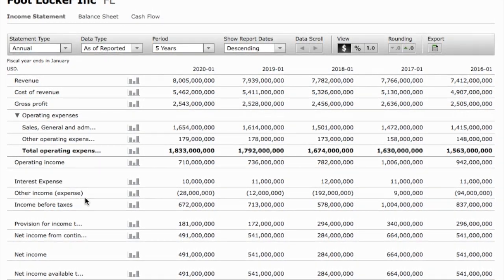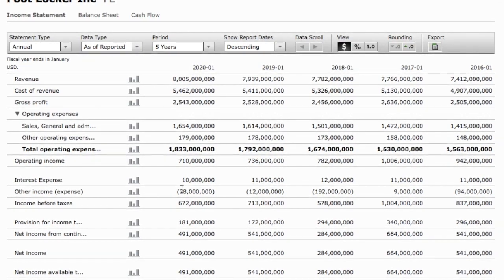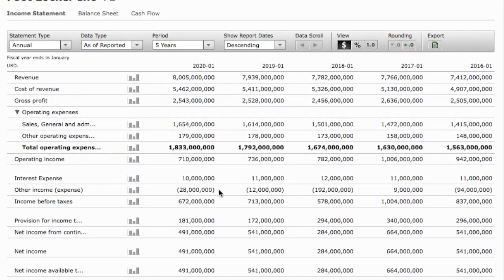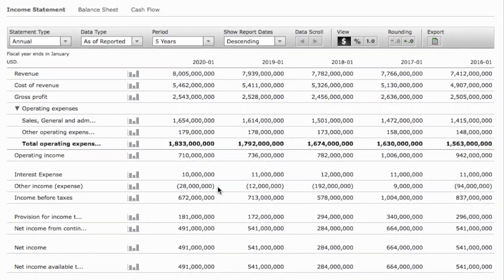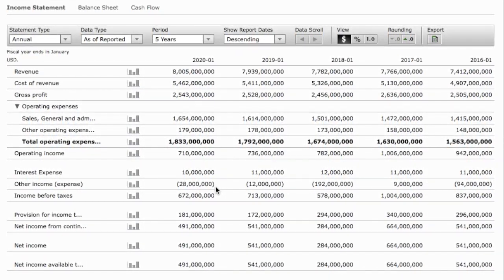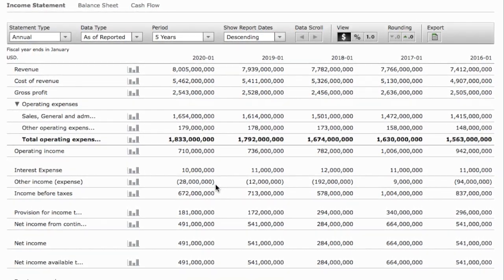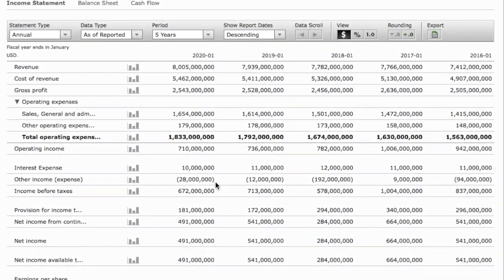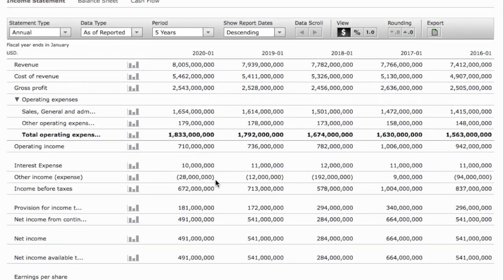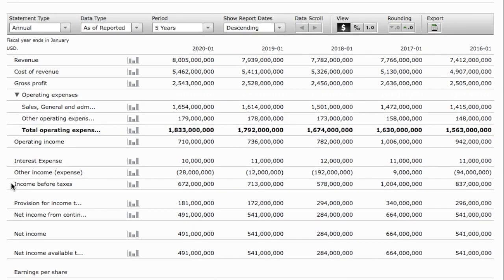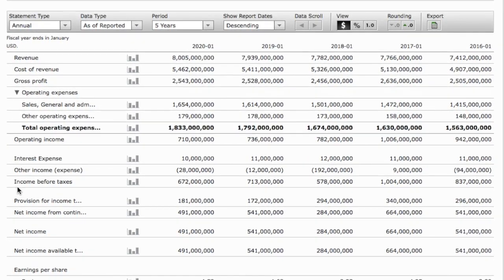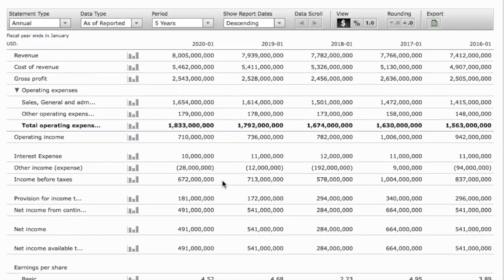Then, underneath, we have other income/expenses, which is just any other expenses or income the business generated that isn't related to their core operations and can be a variety of things. In Foot Locker's case, they generated negative $28 million, which would constitute this section as an expense and not an income. When we subtract both of these, we get Foot Locker's income before taxes.